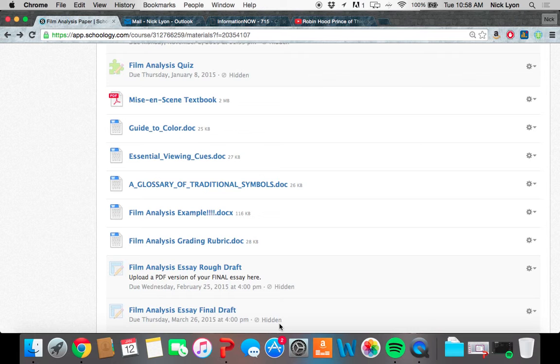The other thing is these 3 documents are helpful for the analysis side of it: the guide to color, essential viewing cues, and a glossary of traditional symbols. The film analysis example is mine that I did over Almost Famous. I'm going to see about maybe putting up the one for Sweeney Todd that Kirsten did last year, and maybe Sarah Lovell's that she did over The Lion King, because believe it or not, it was really good.